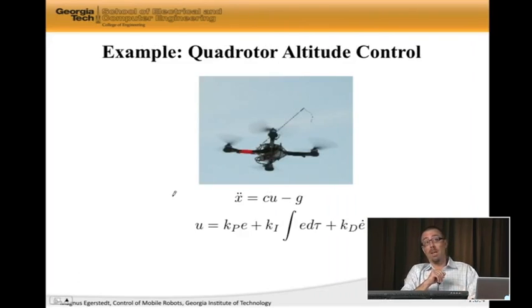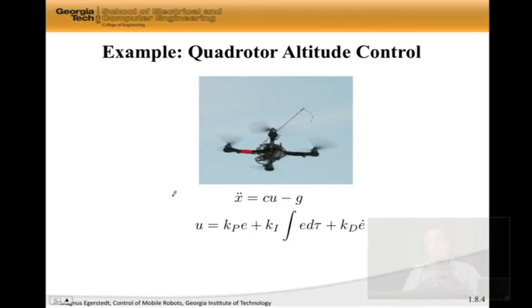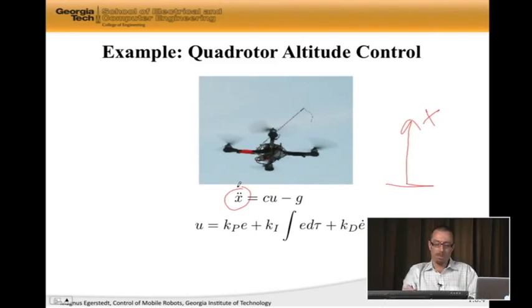Now let's do it. We're going to do altitude control, which means we're going to control the height, how high up in the air a quadrotor is. And the model we're going to use is, well, x is going to be the height, here's the ground. So x is how high up this thing is. And x double dot, the acceleration of the quadrotor, well, gravity is pulling it down, so there has to be a minus g somewhere.